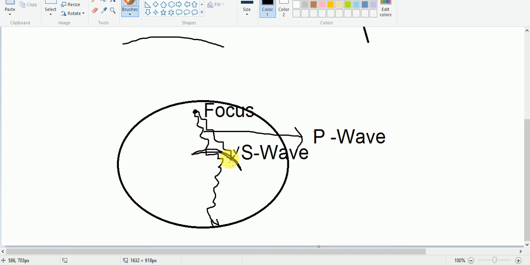At the same time, I tell you this P wave, which can travel through gases, liquid, and solid state, has also reduced its speed. At the same time, the S wave, which can travel only through the solid state, has stopped here at this particular point. Then what is the nature of the Earth interior here? Tell me. Anybody?